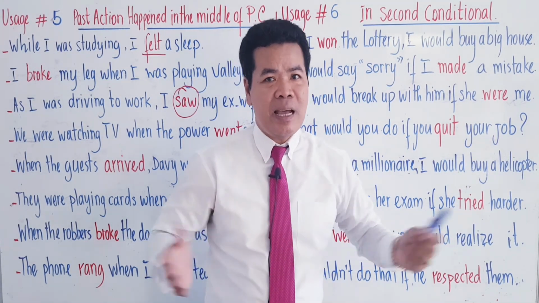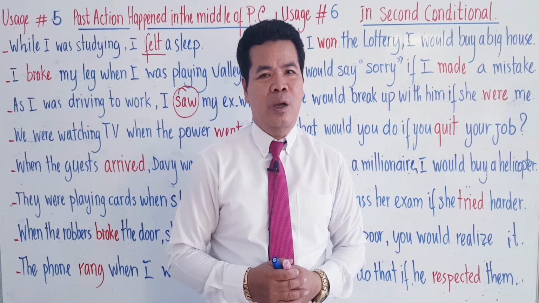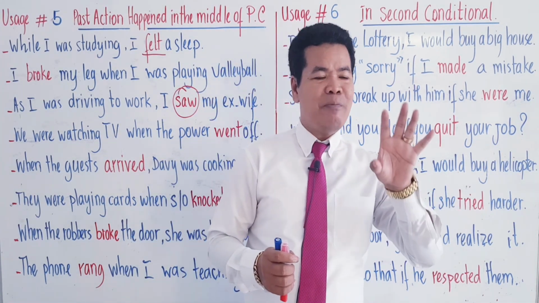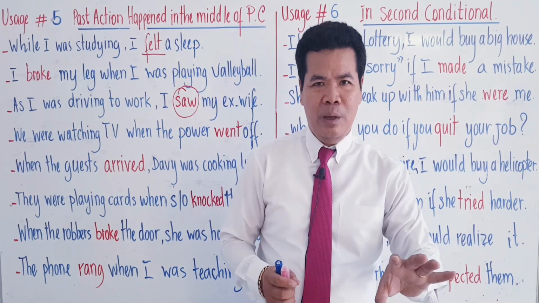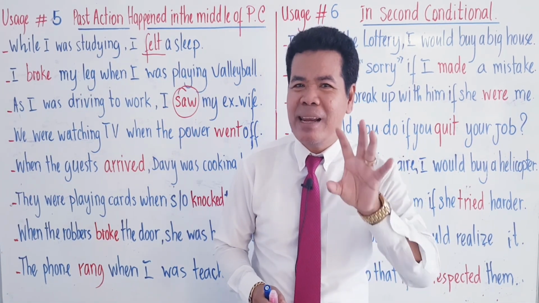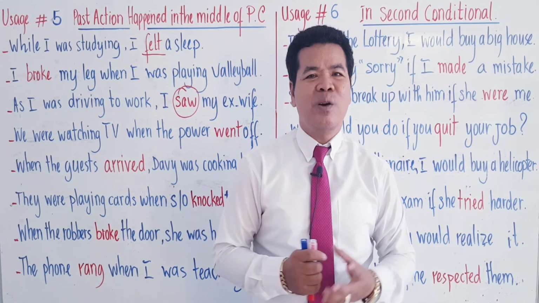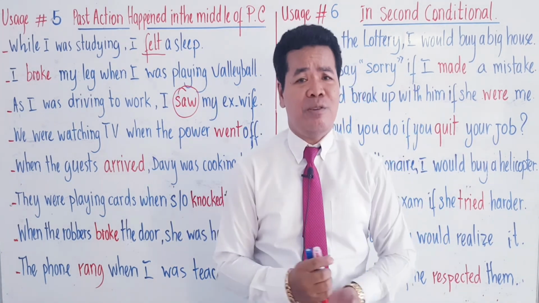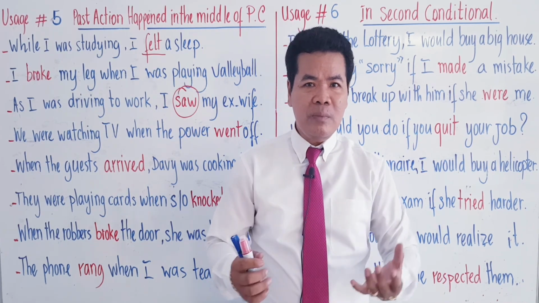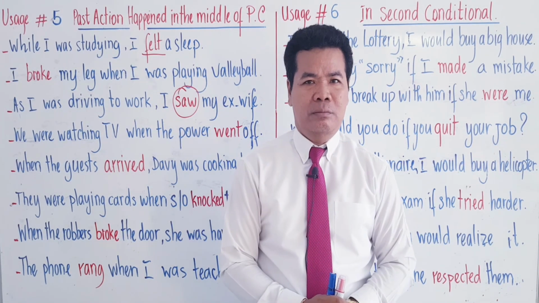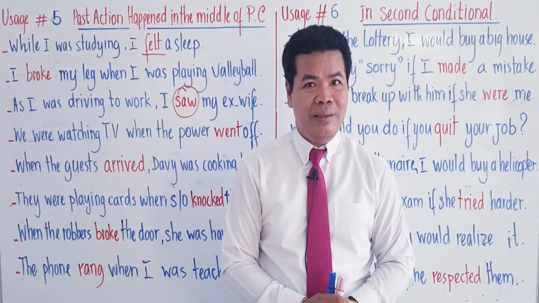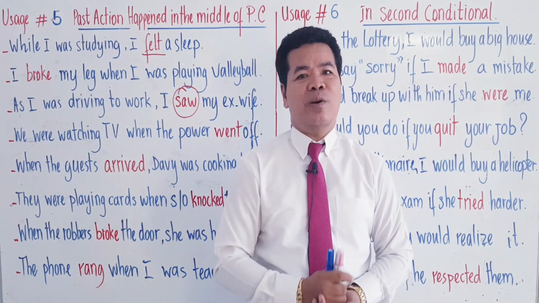The fact is that when you use the second conditional, as I have explained to you, we talk about situations or actions unlikely to happen, or imaginary, impossible, or hypothetical. You understand? It's not exactly happening, unlikely to happen.